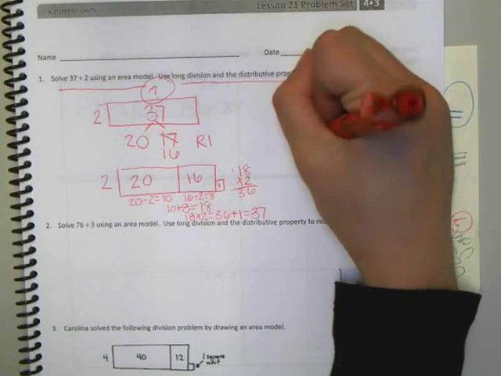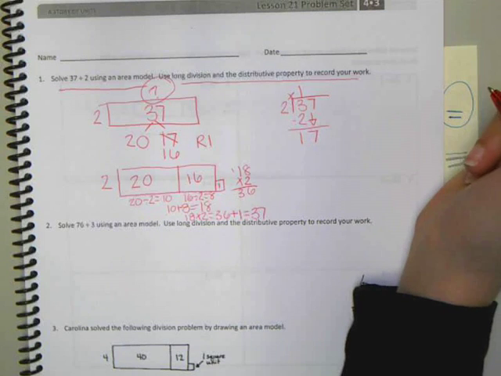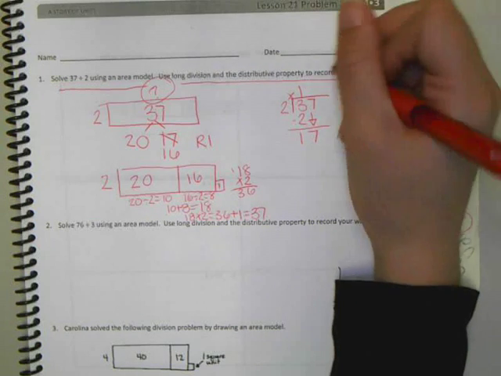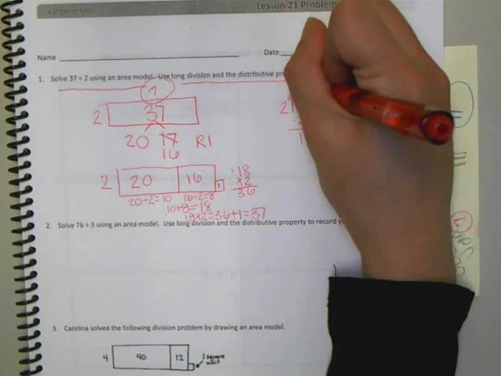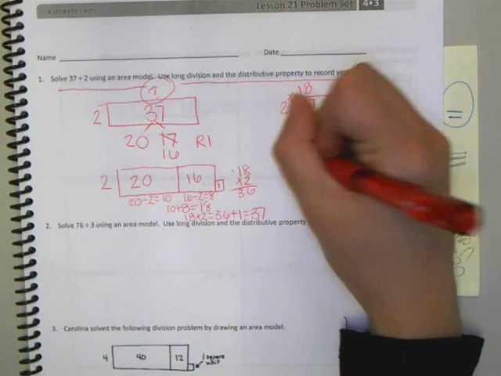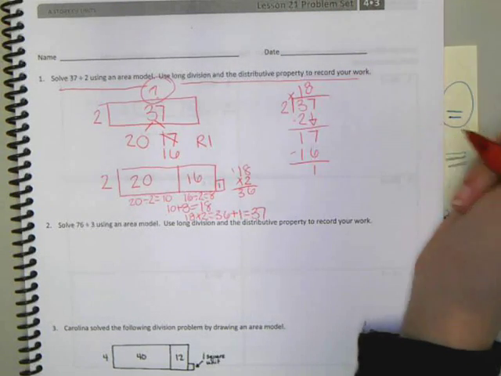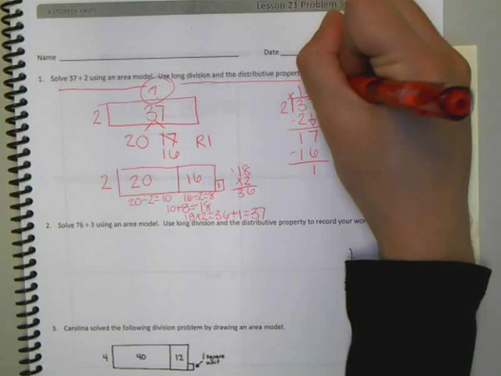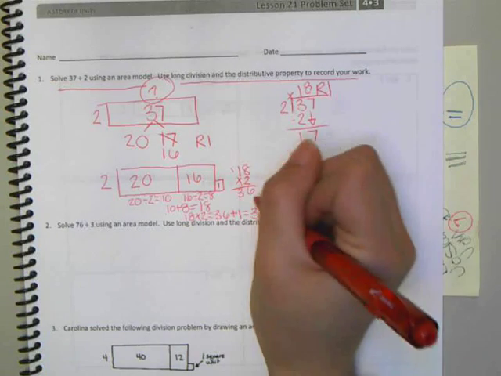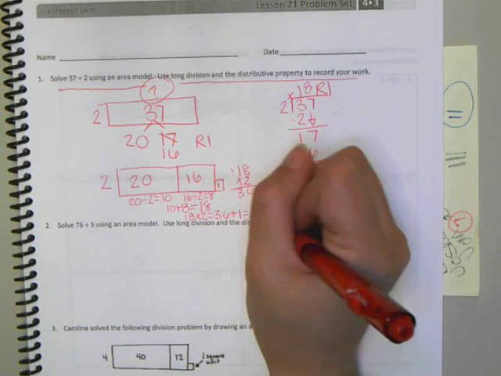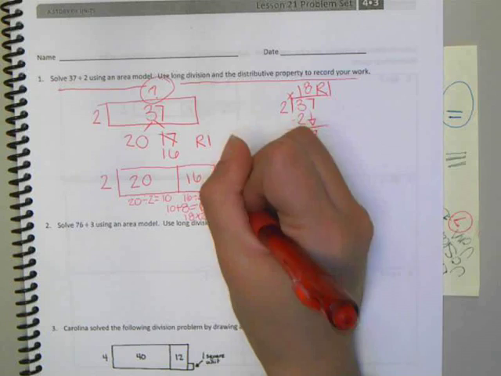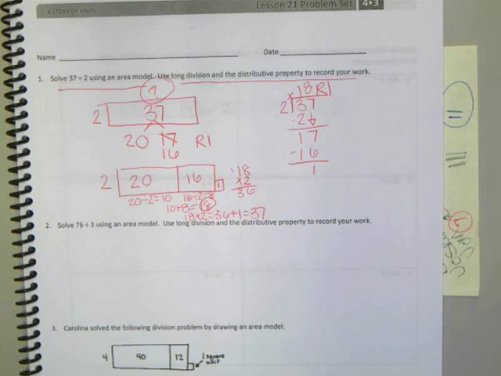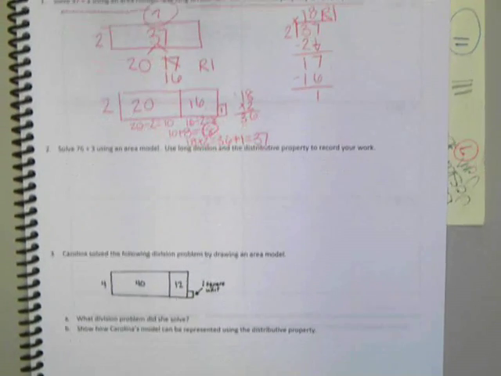Bring down our 7. 2 can go into 17 8 times. 2 times 8 is 16. Bring that down. And I have nothing left to bring down, so that's my remainder. So I have 18 with the remainder of 1. And that is exactly what I got down here. 18 with my remainder of 1 left. All right, that was kind of a tricky one. So let's keep scooching down and see if they get a little bit easier as we go here.